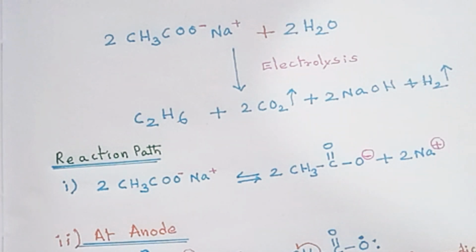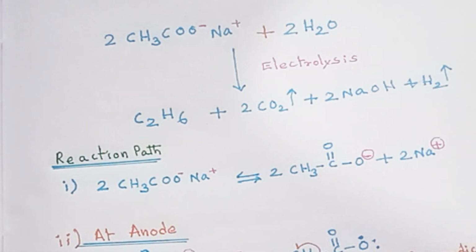So, there are 6 electrons. 2 moles of acetate ion will give off 2 electrons at the anode, and it becomes CH3 C double bond O oxygen with 5 electrons. This is called acetate free radical because there is an unpaired electron on this oxygen atom.